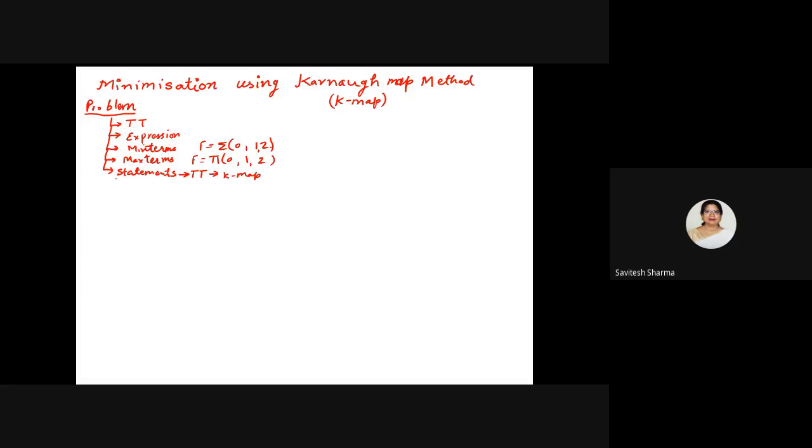If the given input is statements, based on the statements you will draw the truth table and then draw the K-map. So these are the forms you may get in the problems: a truth table, a Boolean expression, a min term, a max term, or some statements, which you will convert into the truth table and then into the K-map.